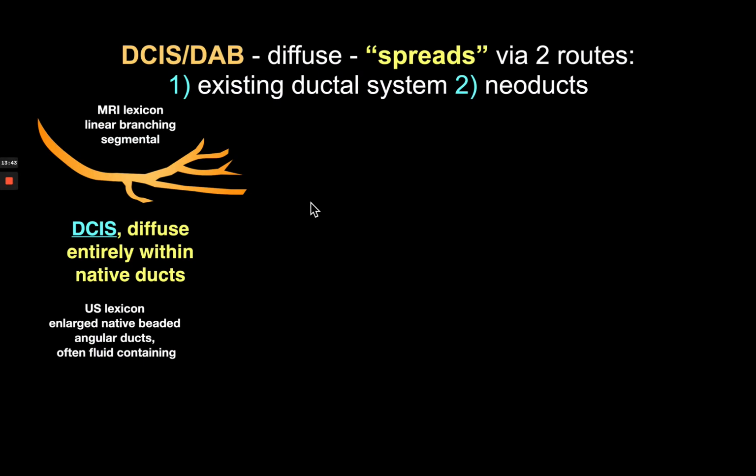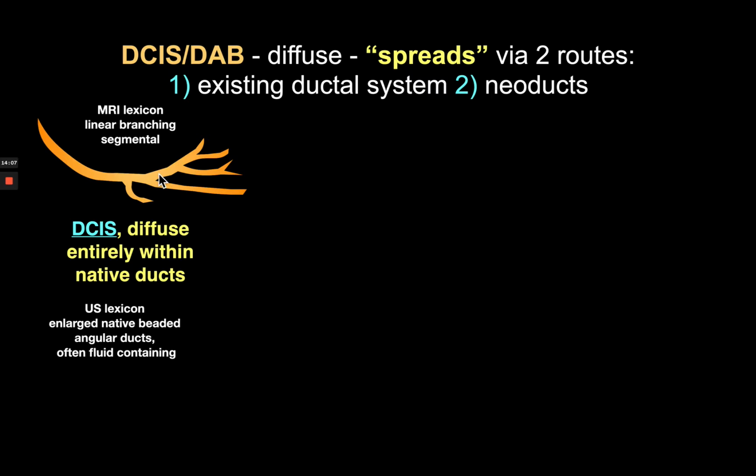Now, when we talk again about how cancer spreads, it can use the existing ductal system to spread itself, or it can spread via neoducts. What I'm showing in the left upper corner here is a spread that's entirely through the existing ductal system. And this could be DCIS.